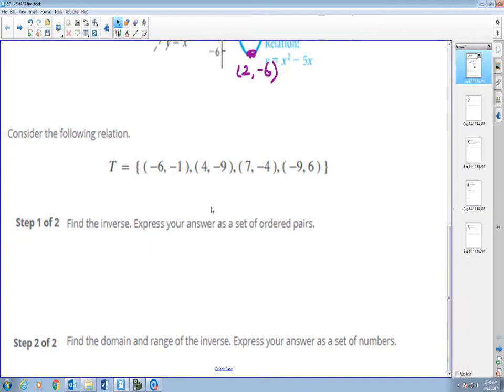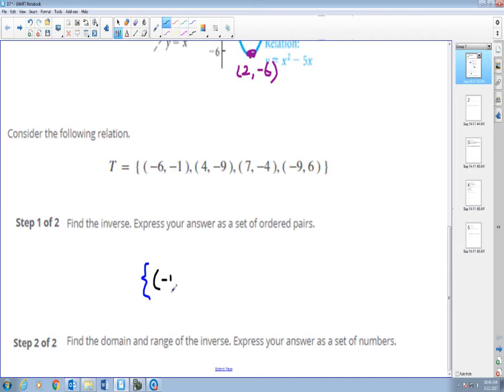So for example, here I got 4 coordinates. Together this is called a relation. Find the inverse, expressed as a set of ordered pairs. So if I find its inverse, all I need to do is interchange all the x and the y coordinates.